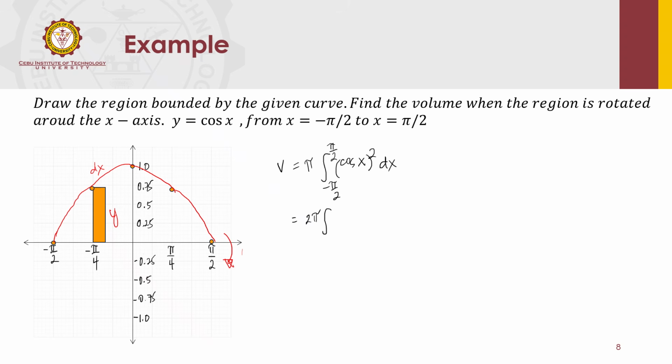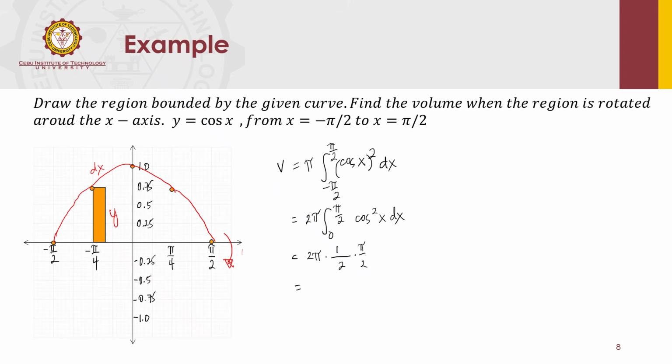So the limits now would be 0 to pi over 2. And we stick with cosine squared of x dx. So it's 2 pi times, using Wallis formula, we start with 1, and then the denominator is 2. And since 2 is an even number, the value of alpha is pi over 2.